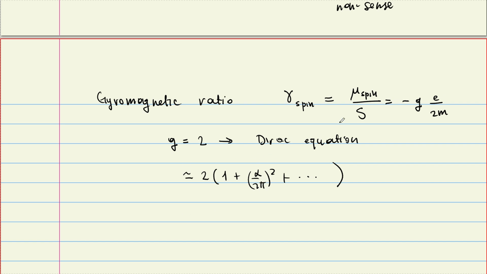But if you learn QED and calculate this with so-called Feynman diagrams up to a third or fourth order and measure it in the lab, there is a 13-digit agreement between g theory and g experiment.